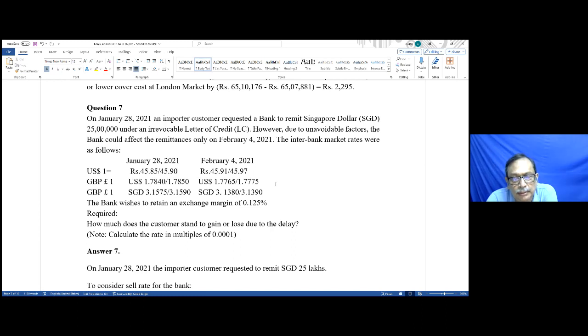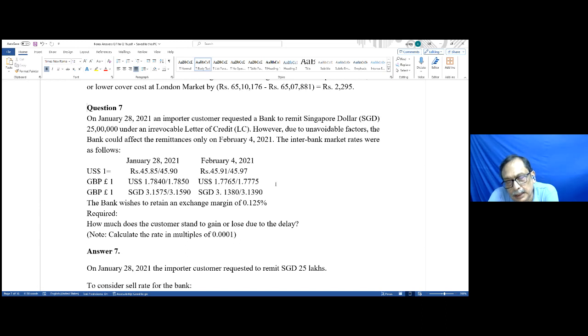The bank wishes to retain an exchange margin of 0.125%. So there is an exchange margin which should be retained by the bank. And what is the requirement? Our requirement is how much does the customer stand to gain or lose due to the delay.